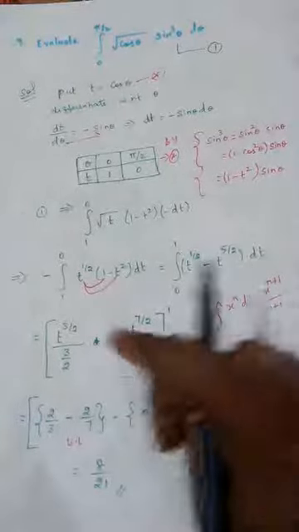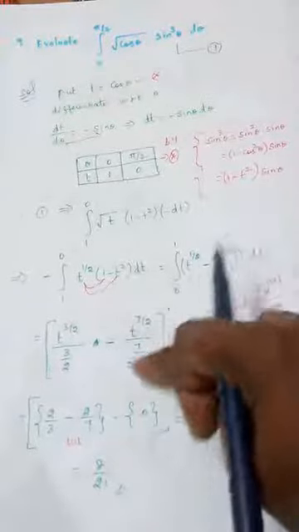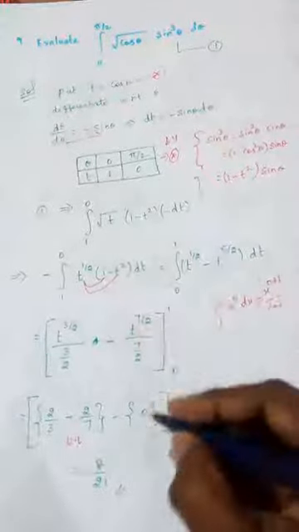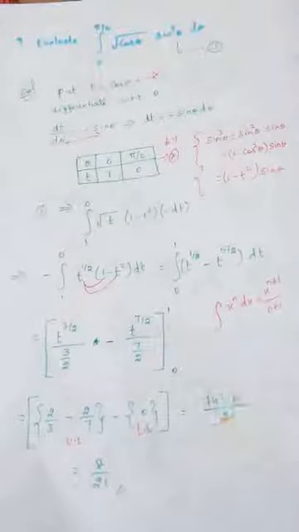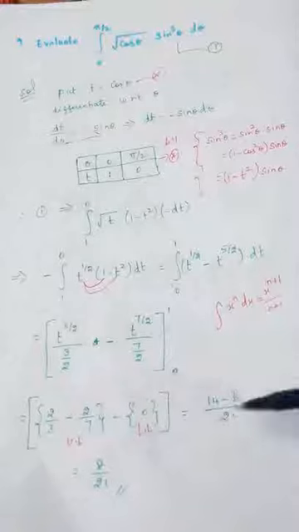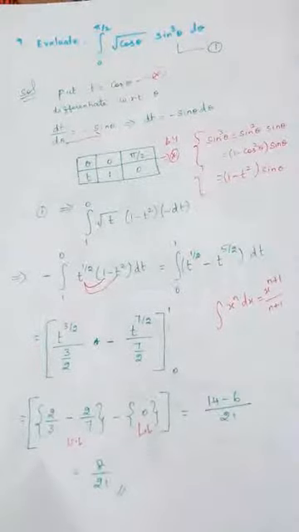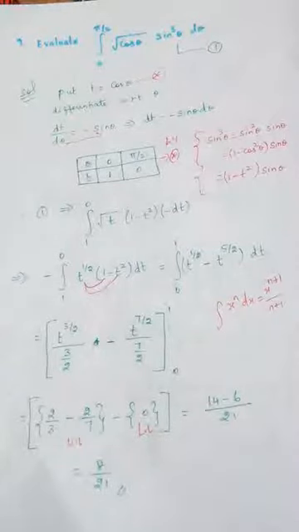Minus, if I put 0 in place of t, everything will become 0, so the lower limit is totally 0. Simplifying this, the LCM is 21, you know how to simplify, so the answer is 8 by 21. So this is another different way of approaching the problem. So write all these things and practice. We will pass on to problem number 10.